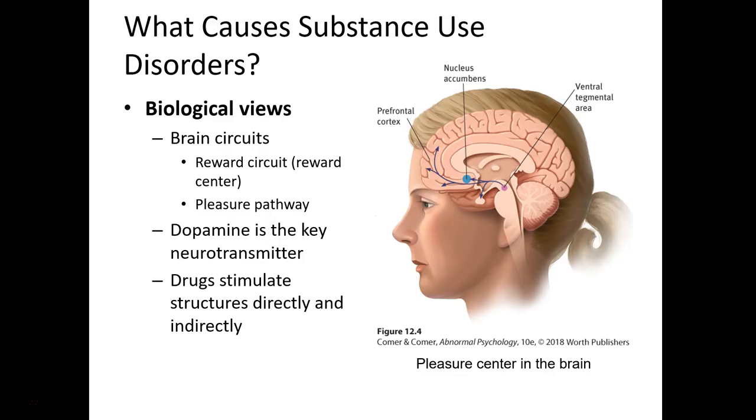One thing I also wanted to highlight, which was discussed in Module 4 under the limbic system, particularly the hypothalamus, is what's called the pleasure pathway, this reward circuit. This pleasure pathway starts in an area in the midbrain called the ventral tegmental area, and it extends to the nucleus accumbens, which is in the limbic system, somewhat near the hypothalamus, and then eventually goes into the prefrontal cortex.